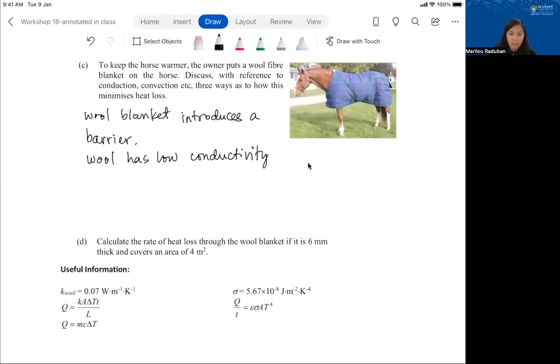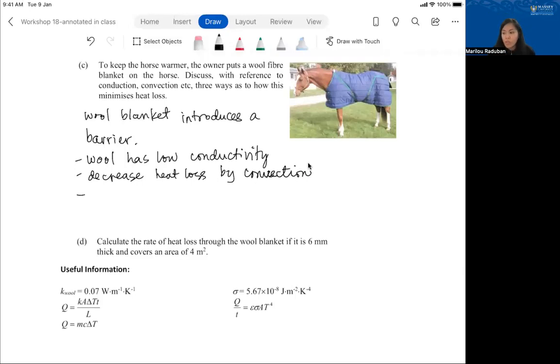The lower the thermal conductivity, the more difficult it is to transfer heat by conduction. So wool is insulating. Having the barrier will also decrease heat loss by convection, because the blanket serves as the barrier, preventing the air molecules from carrying away heat from the surface of the skin.